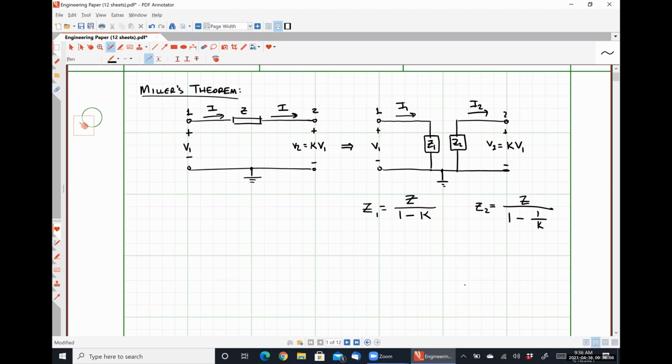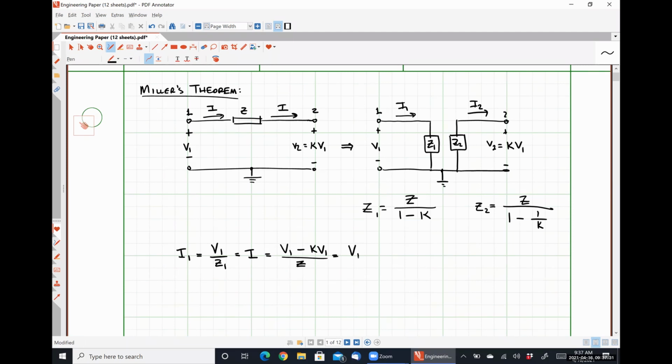so that node 1 experiences no difference, right? So that gives us the constraint that our current I1 has to be V1 divided by Z1, that's just good old Ohm's law, and must be identical to our current I, which is given by V1 minus K V1 divided by Z. I'm just going to group like terms here real quick.